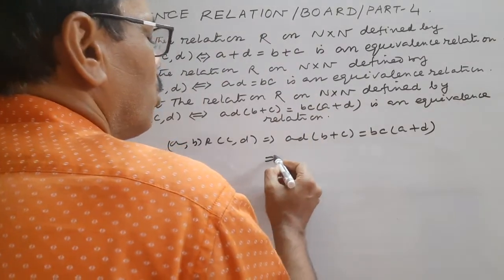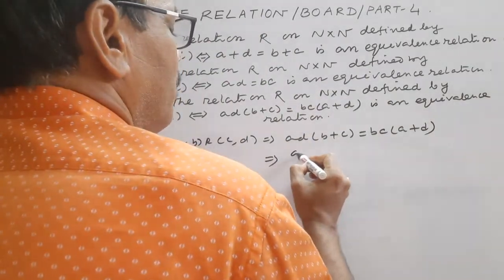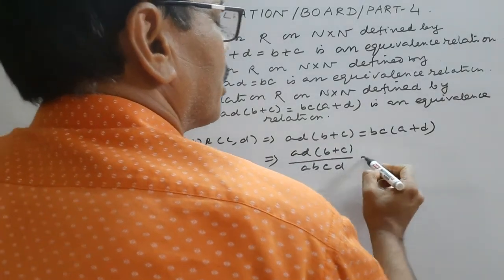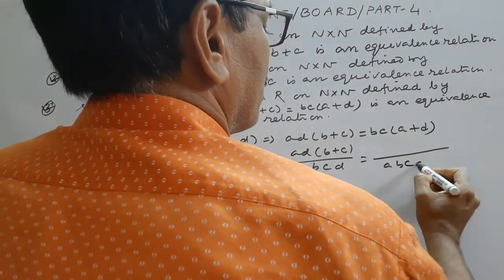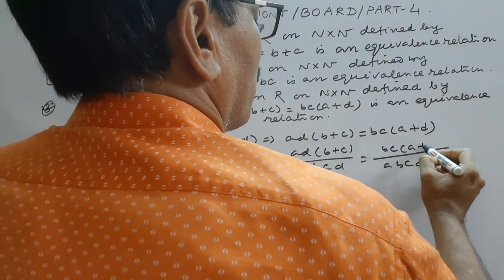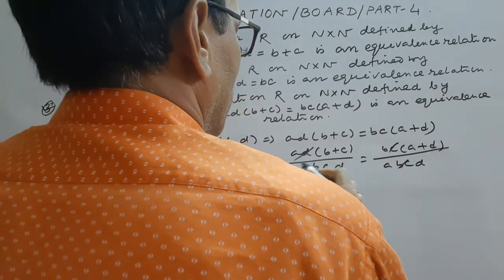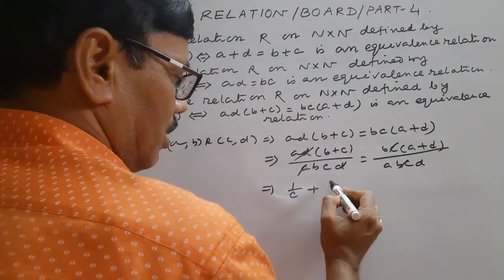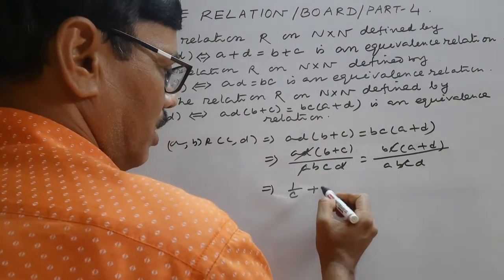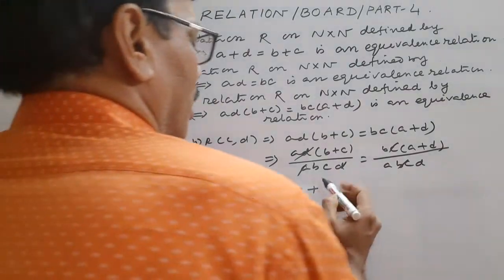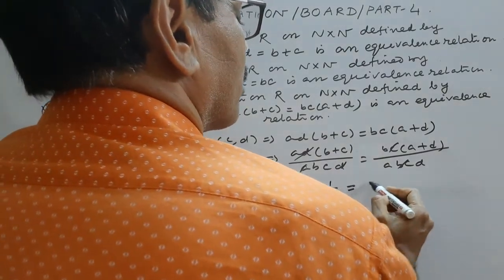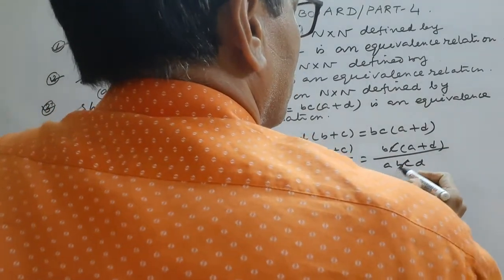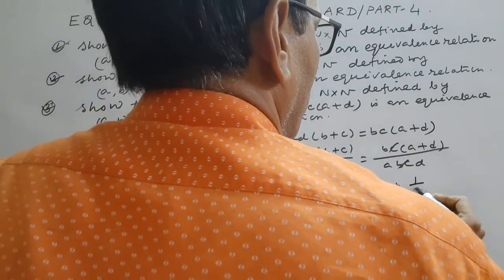So dividing throughout by ABCD, we get 1 by C plus 1 by D equals 1 by B plus 1 by A.